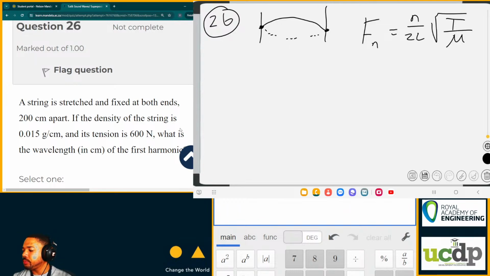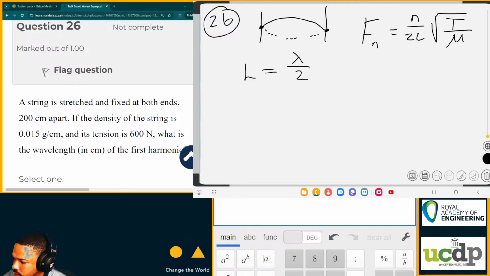Okay, so they want the wavelength of the first harmonic. Now we know, or you should know, that if this string has a length of L, that L must be equal to the wavelength divided by 2.